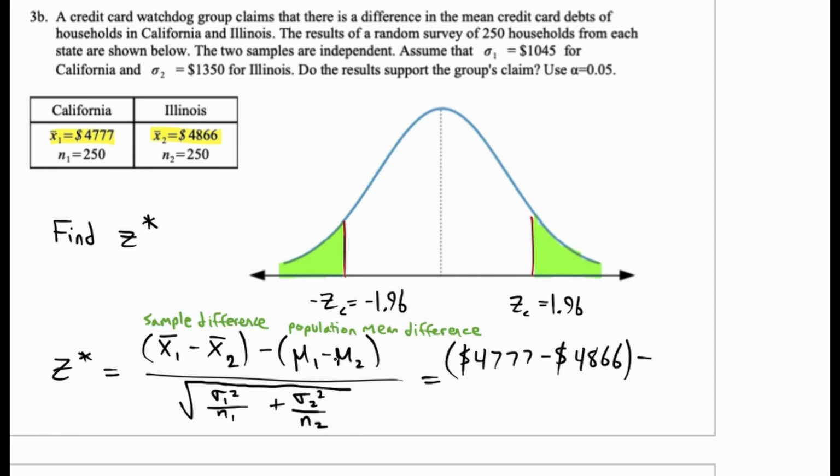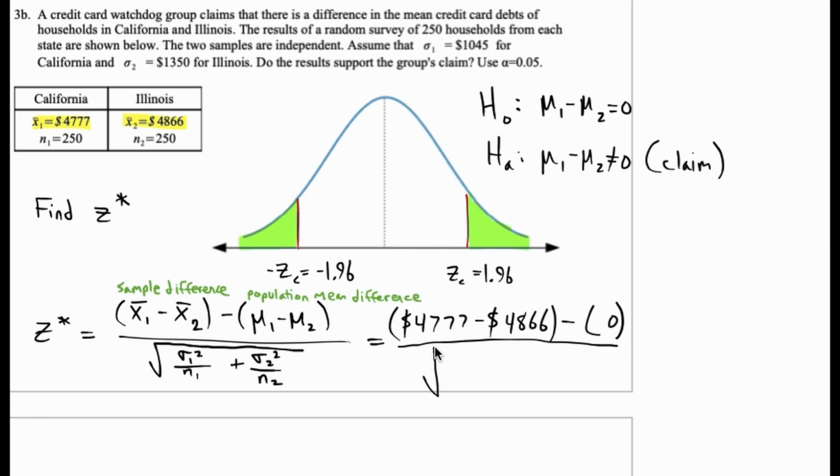And now when it comes to the difference in population means, we have to go off the null and alternative. The null for this problem was that mu1 is equal to mu2, which another way to say is mu1 minus mu2 is 0. That is the null. That's what you assume to be true for the purposes of doing the test. Therefore, for mu1 minus mu2, you just plug in a 0 there.